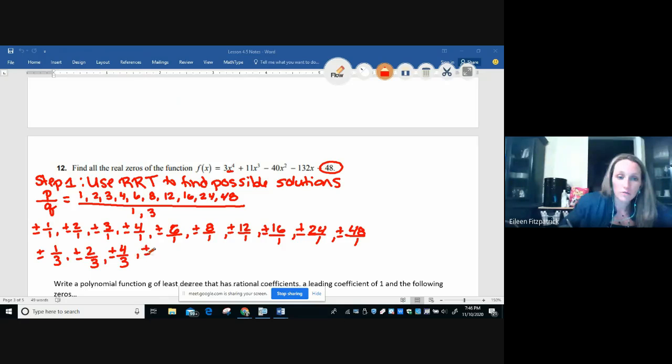So then I have 8 over 3. Then I have 12 over 3, but that's equivalent to 4. Then I have 16 over 3. 24 over 3, that's equivalent to 6. I'm not going to write that. And then plus minus 48 over 3. Oh, I forgot 20. Sorry. 48 over 3. No, that's right. 48 over 3.